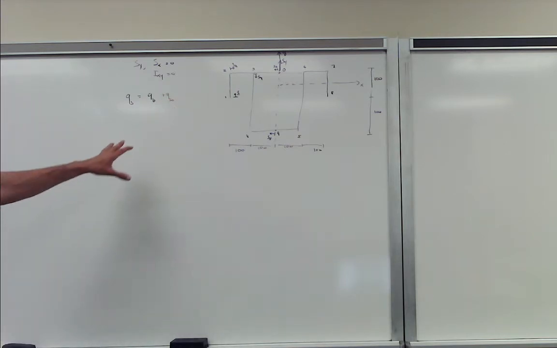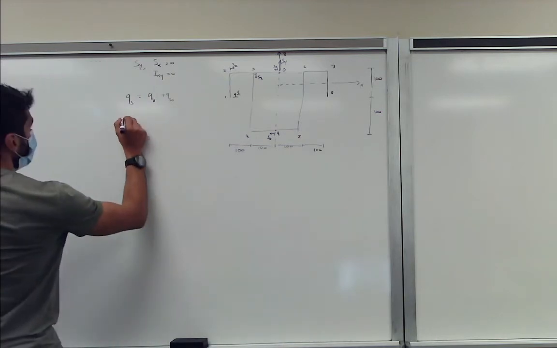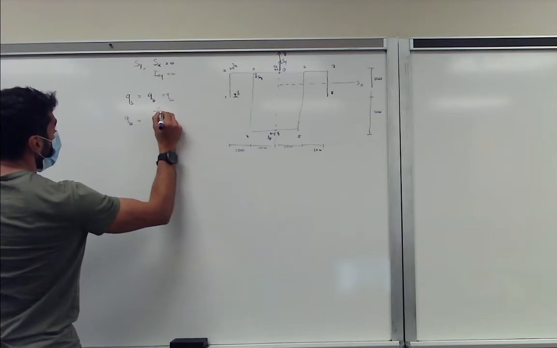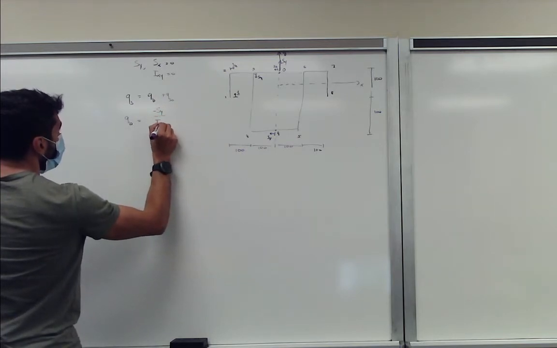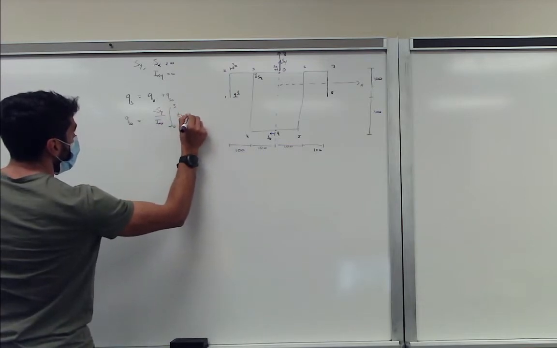So we have to go for the closed section because this part is closed, this part is open. For the open section, we get qb is equal to minus Sy over Ixx, integral from 0 to s of t y ds.